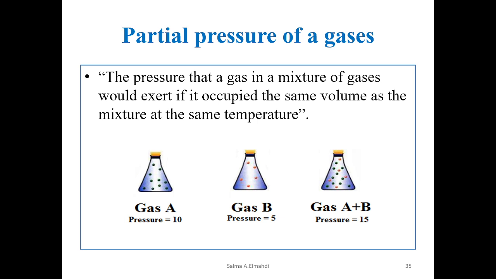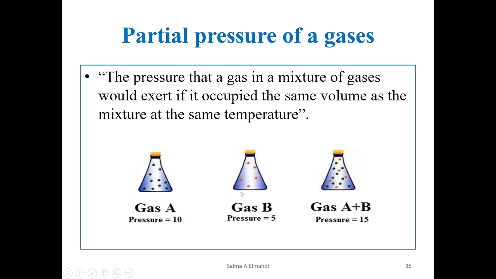We need to come across a term or a concept of partial pressure of a gas. Partial pressure of a gas is the pressure that a gas in a mixture of gases would exert if it occupied the same volume as the mixture at the same temperature. So if gas A occupies this volume, its pressure at that time is 10.